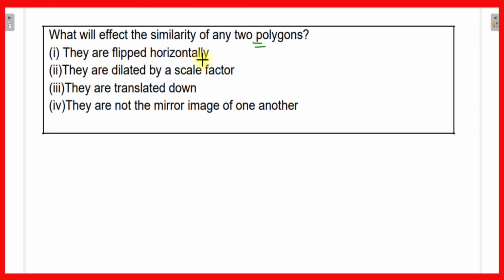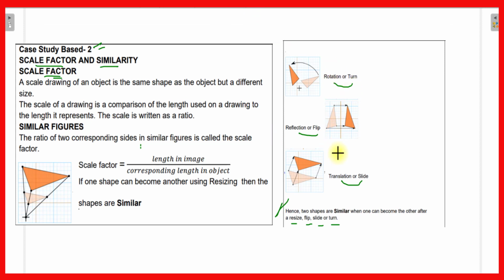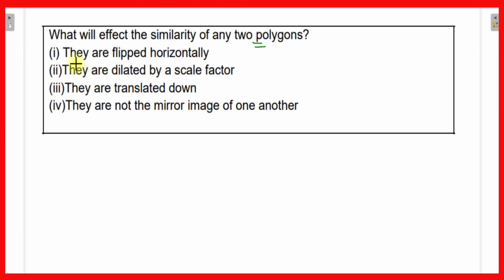If they are flipped horizontally, how will it affect the similarity of the two polygons? We have seen initially, it is given here that even if you flip the image, it doesn't affect the similarity. So here you will see that even if they are flipped horizontally, it will not affect the similarity of two polygons.